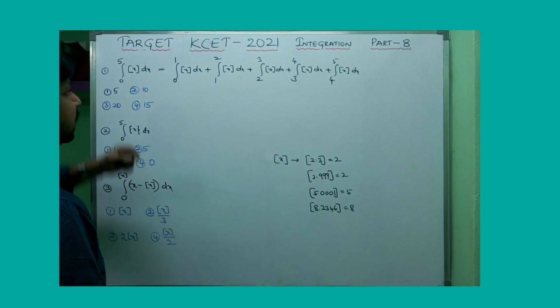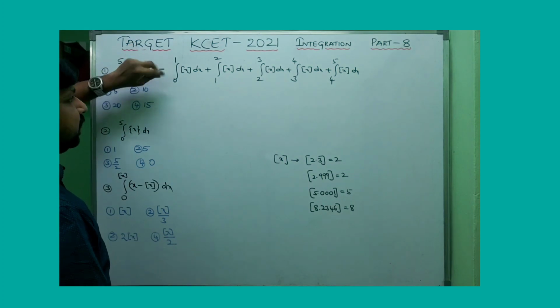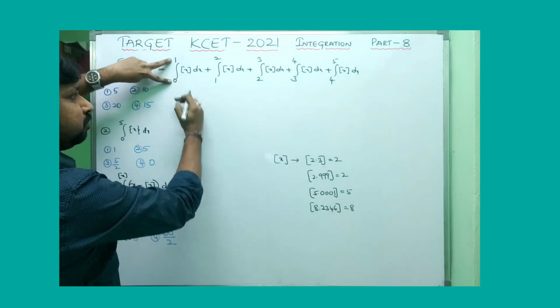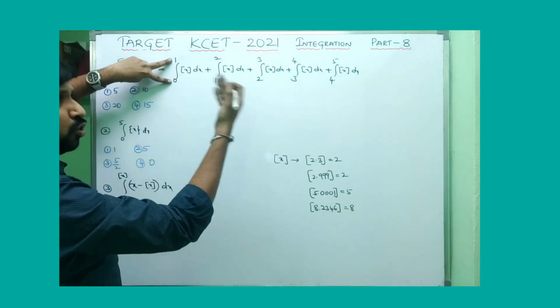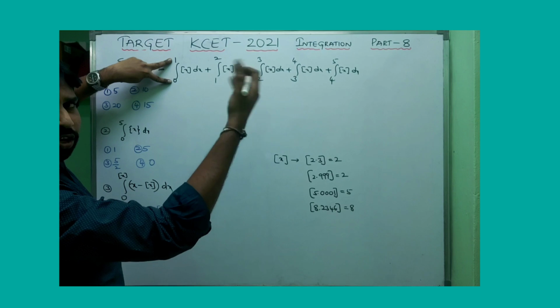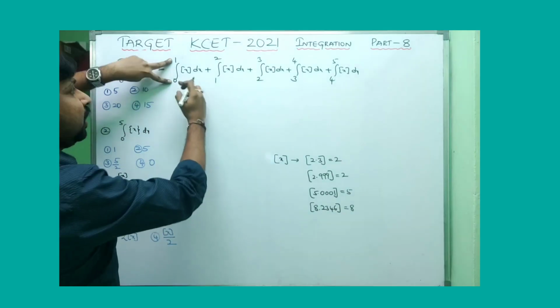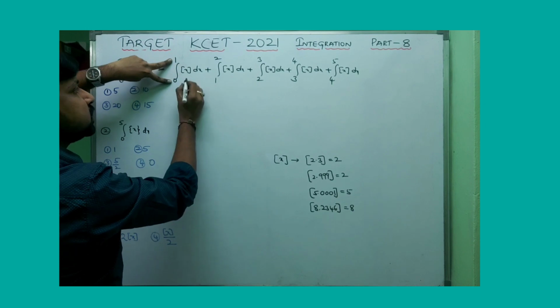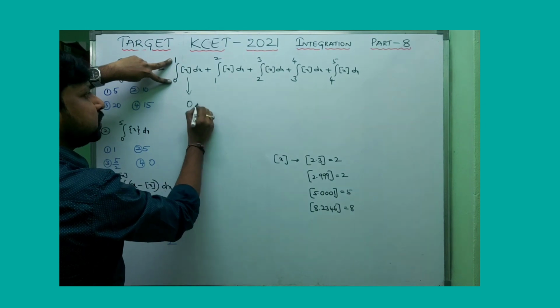So here, integral 0 to 1 is there. The meaning is that x lies between 0 and 1, meaning 0, 0.1, 0.2, 0.3, 0.8, 0.123, 0.164, like that, whatever it may be, the value will be below 1, meaning 0 point something. So this result will become 0.